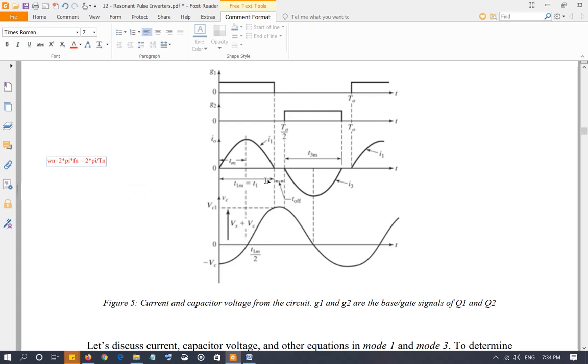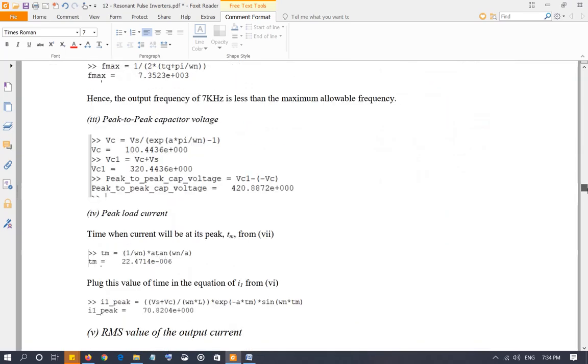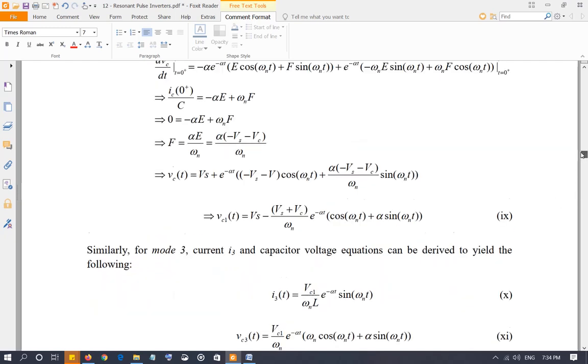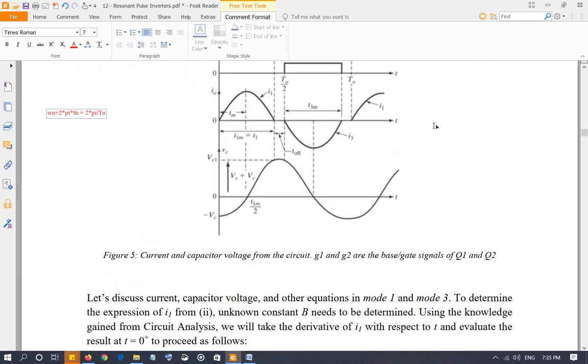So when you calculate that, the time which is right here, which is T1 time, is going to be pi over omega n, because the total cycle length is 2 pi. Remember, one cycle, 2 pi. So this is pi, so that's going to be pi over omega n.